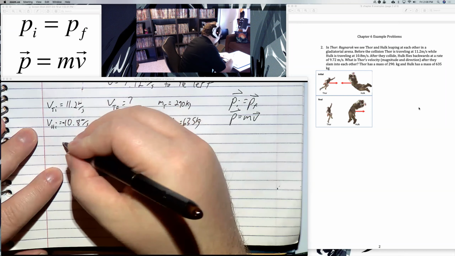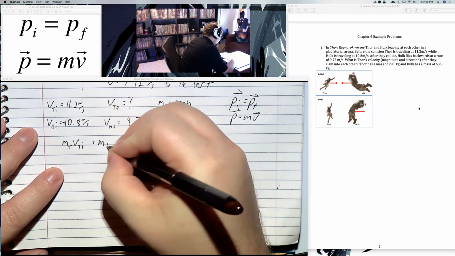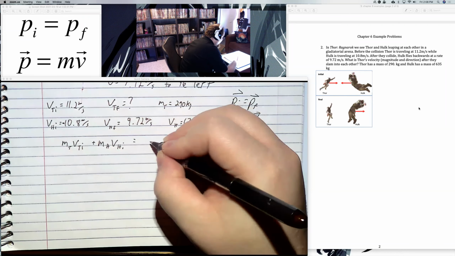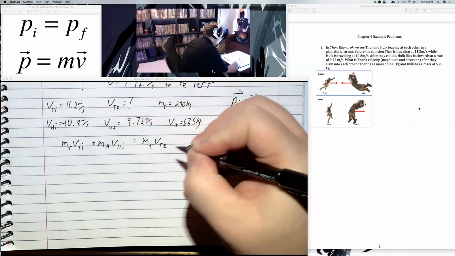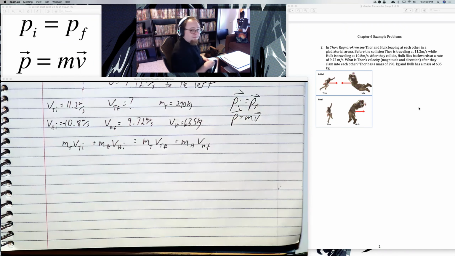My initial is the mass of Thor, velocity of Thor initial, plus the mass of Hulk, velocity of Hulk initial. And my final will be both of them also. The mass of Thor, velocity of Thor final, plus the mass of Hulk, velocity of Hulk final. Any questions there? Because that's the crux of it.